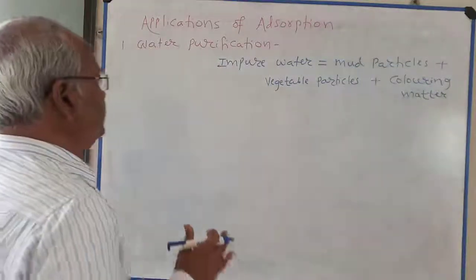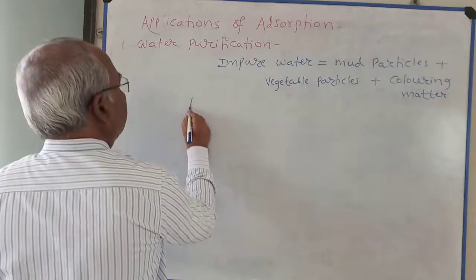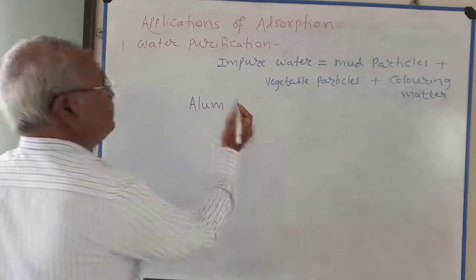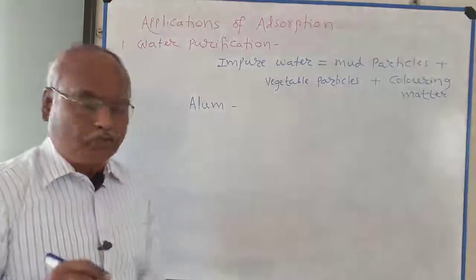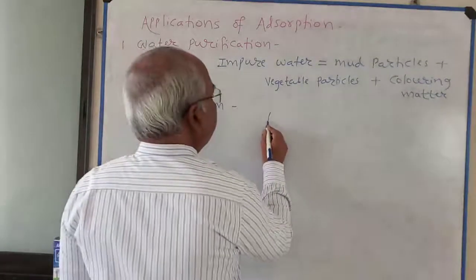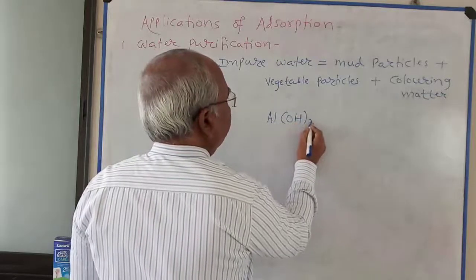Now you see, the mud particles are purified by adding alum. This alum forms colloidal particles of aluminum hydroxide.